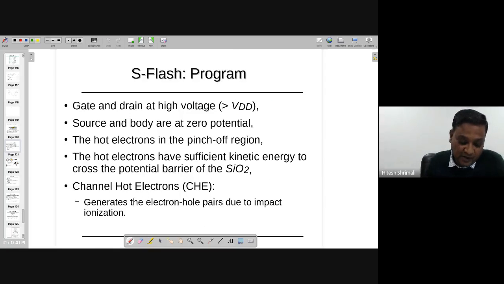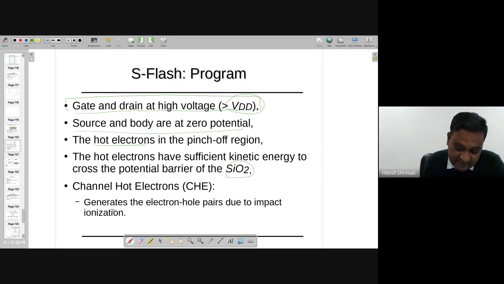So when you program it, at that time gate and drain are both at high voltage, a little bit higher than VDD, let's say. Source and body are at zero potential, and because of that the hot electrons are going into the pinch-off region, and the hot electrons have sufficient kinetic energy to cross the potential barrier of the silicon dioxide, and it's trapped in a sidewall.